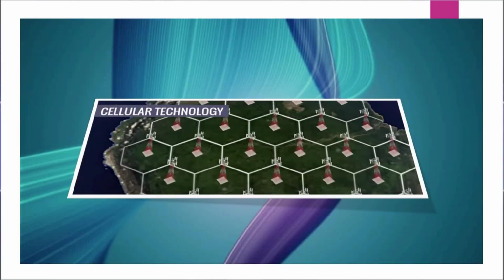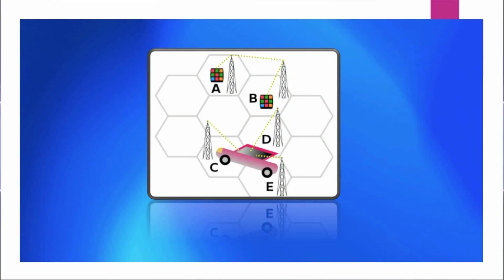A cellular network comprises low-power radio antennas and transmitters organized into hexagonal cells. Each cell corresponds to a specific geographic area served by a dedicated tower, that is cell tower, known as base station.